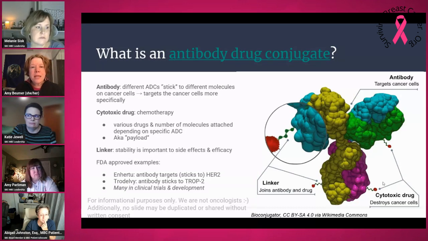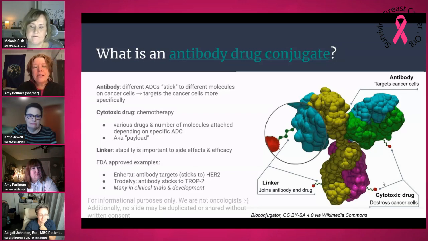So then the next part is the drug. So the drug, in all cases that are approved as of now, is a cytotoxic drug or a chemotherapy. So you'll see there are little red balls stuck to that big Y molecule, and those are the chemotherapy drugs. And so what these do is what they do normally, which is kill rapidly dividing cells.